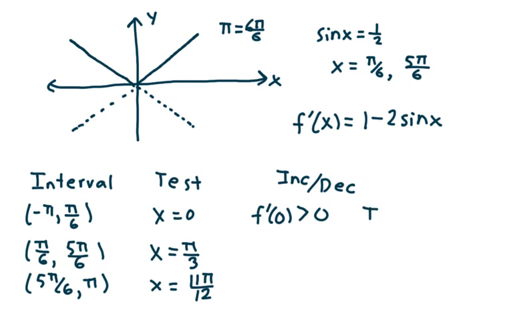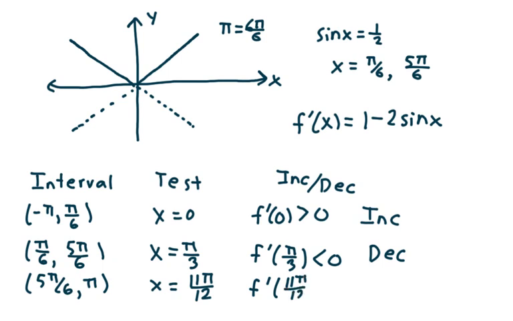And so it's increasing on the interval negative pi to pi over 6. And then if I plug in pi over 3, f prime of pi over 3 turns out to be negative, and so it's decreasing on this interval. And then if I plug in 11 pi over 12, I claim that's going to be positive, and so it's increasing.